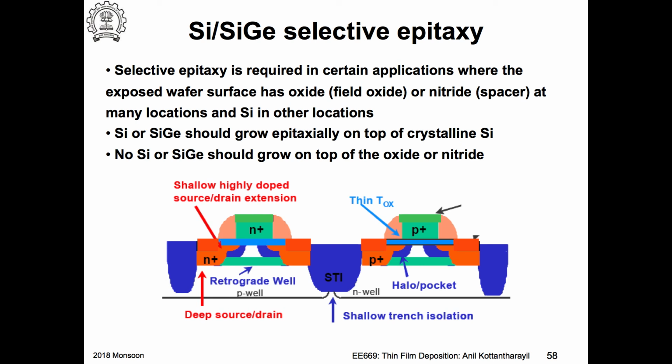But then I take this wafer and I put it into a furnace, okay, and then I'm using silane or some other stuff, right, chlorosilane, to deposit the epitaxial silicon layer. Usually it will deposit everywhere, okay, but you tell me, where will it be growing epitaxially? Will it grow epitaxially everywhere?